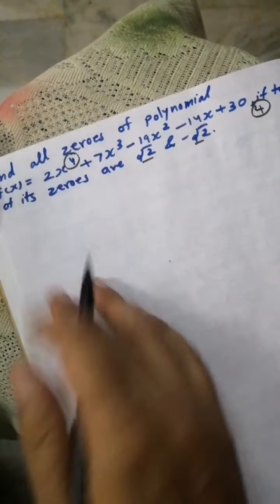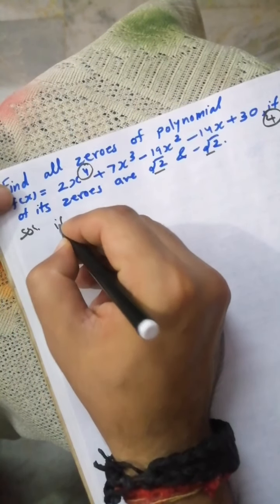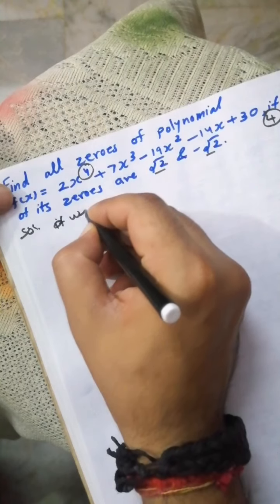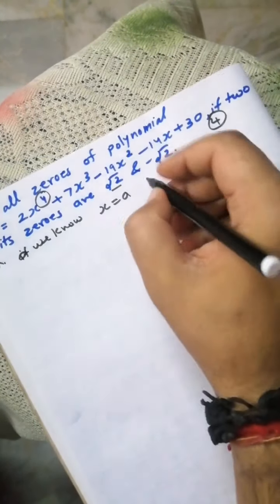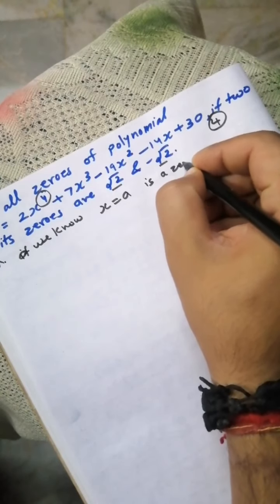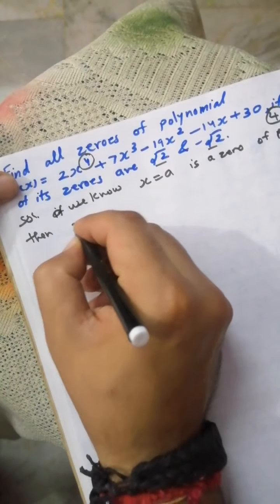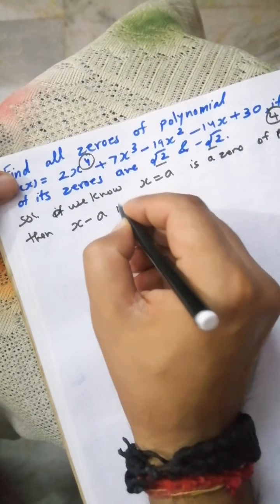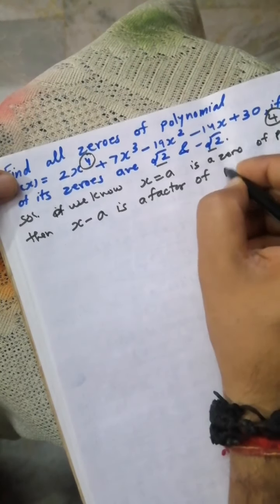So for the solution, firstly we know that if x equals a is a zero of a polynomial, then x minus a is a factor of the polynomial.